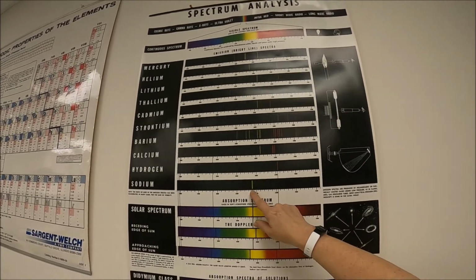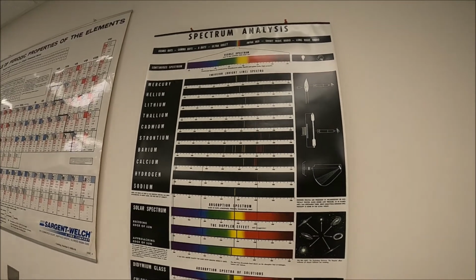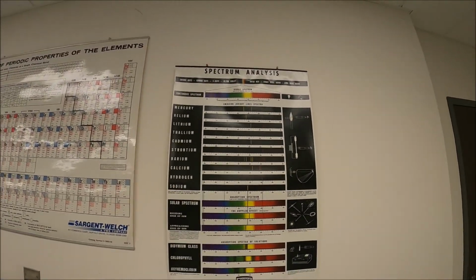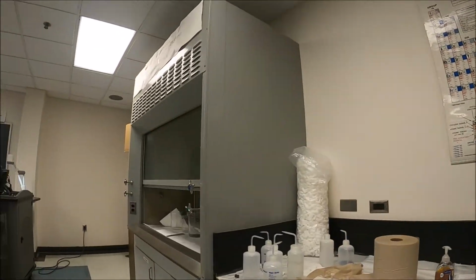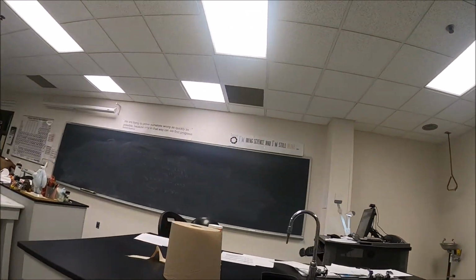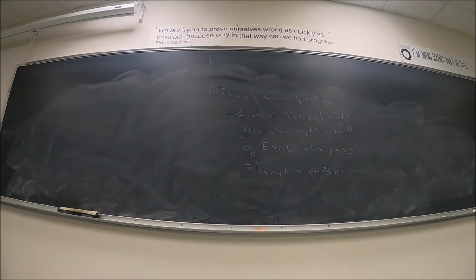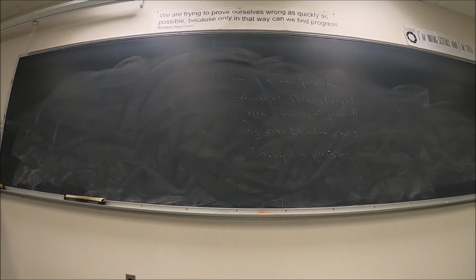When I excite sodium, we only get 2 lines of yellow. So those are line spectra. Every element, it turns out, has its own unique set of lines. So the question is why? Why are there only certain lines of color for certain atoms?